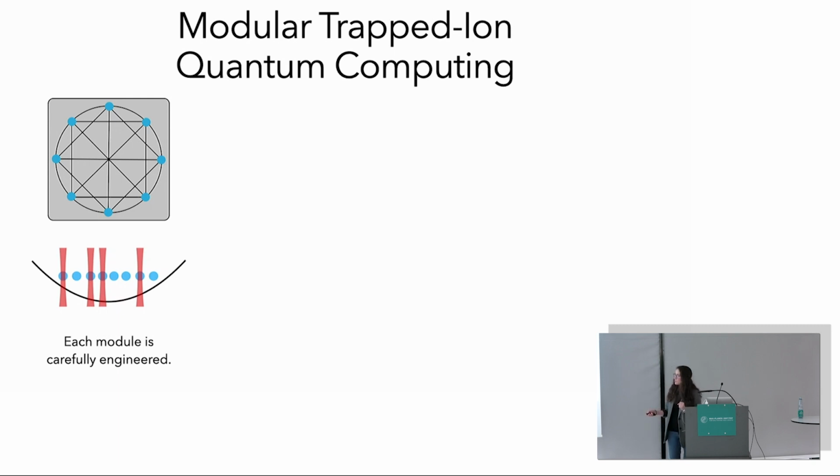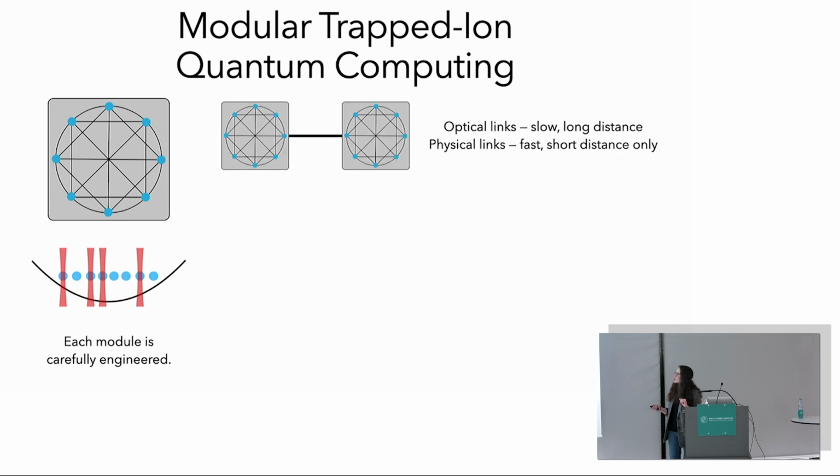And you would need 1 laser per qubit individually controlled to be able to pick out which interactions you're doing at any given time. And then you would connect different modules either through optical links, which are slow, so they could be used for long distance links, or what is done more usually is physical links, which are quite fast.